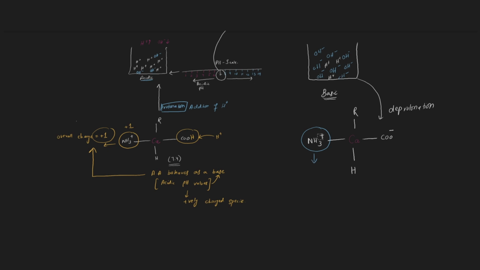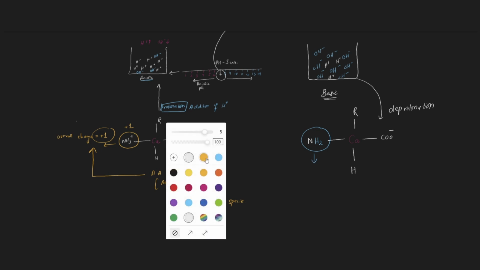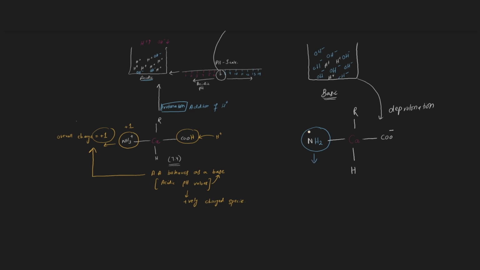So it will no longer exist as an ammonium ion, it will now exist as NH2. That is the condition. Now the charge on this pole is 0, so it no longer has any positive charge. There is one extra negative charge available on this pole, so the overall charge on the amino acid would be negative.